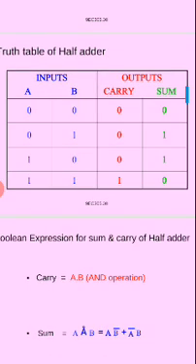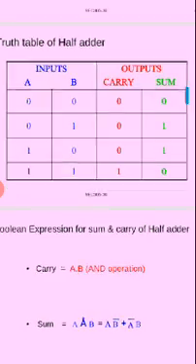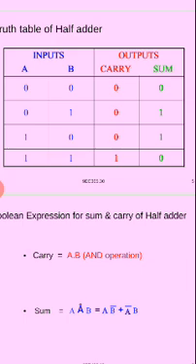Now, for the 0 0 combination of inputs, carry 0, sum 0. For the 0 1 combination, carry 0, sum 1.